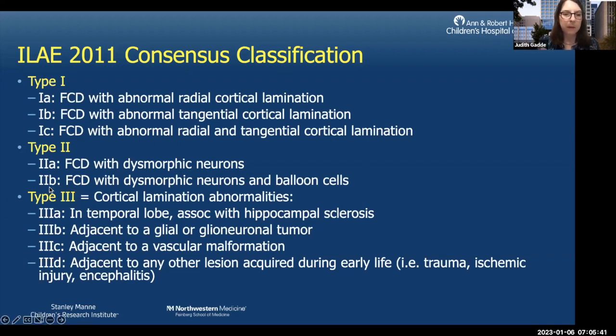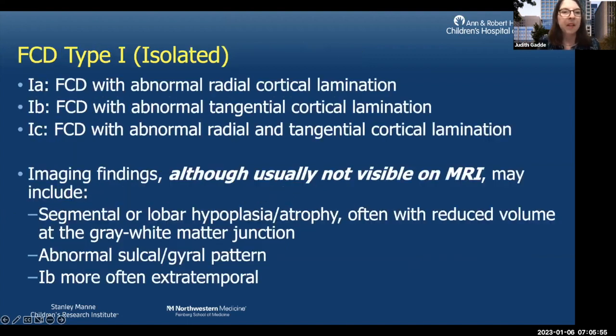So type 3 is basically focal cortical dysplasia associated with something else. And we will review each of these a little bit, but you can see here each category is specific to certain things that it's associated with. So focal cortical dysplasia type 1, and we have in parentheses here isolated. That means that it's not associated with something else.